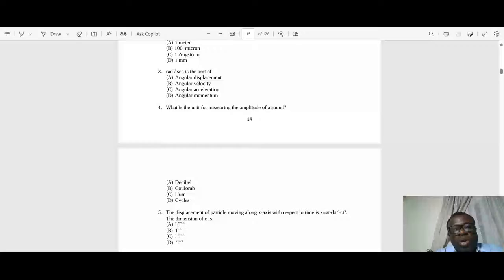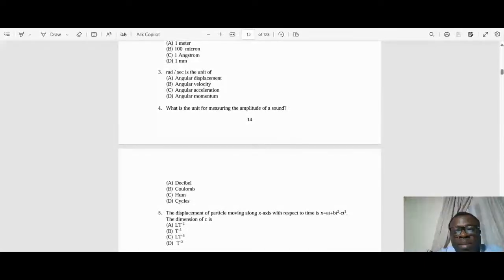Number 5. The displacement of a particle moving along x-axis with respect to time is x equal to at plus bt square minus ct raised to power 3.